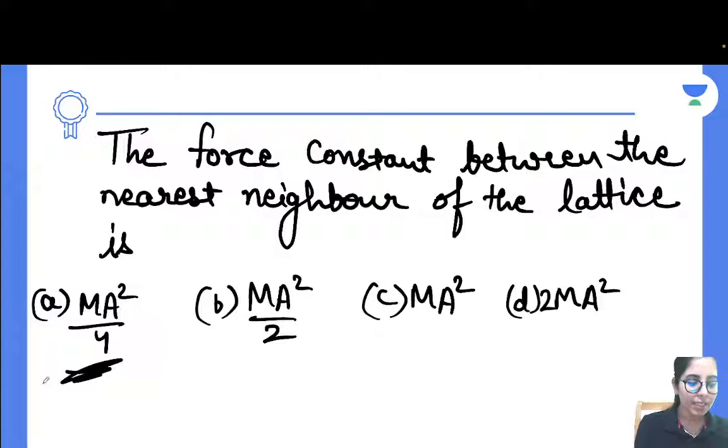If it's clear, guys, I'm going to take the next question now. A lattice has the following primitive vectors.